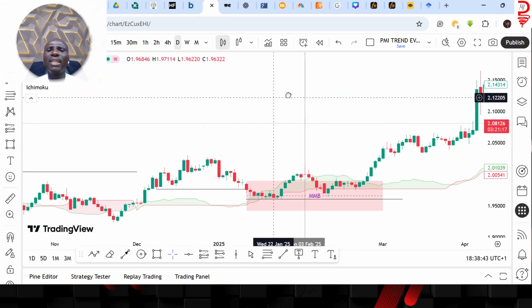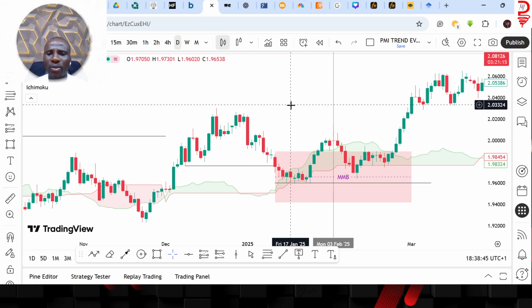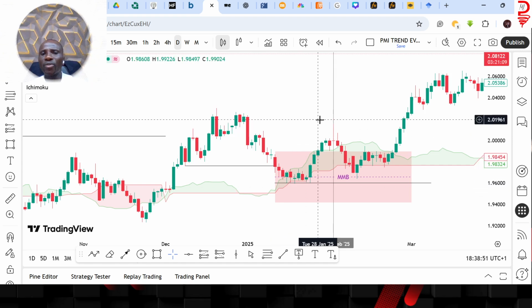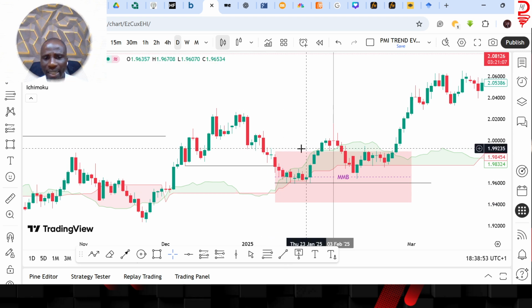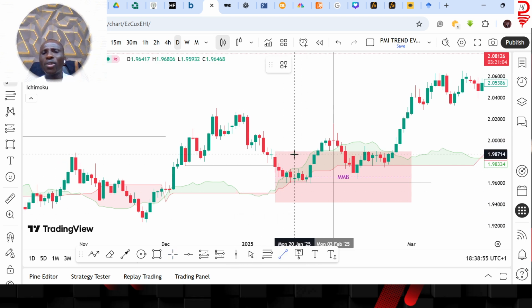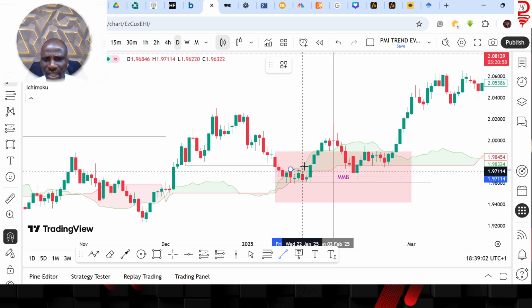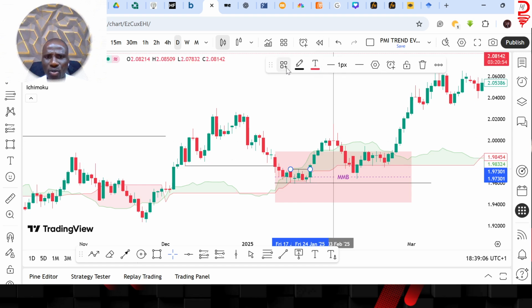When you get to the daily time frame, you will remember, if you have listened to my daily impulsive wave and weekly impulsive wave, you want to ask yourself, on the daily, do we have any break of structure within the money box? We have a break of structure around this place within the money box. You see that now?